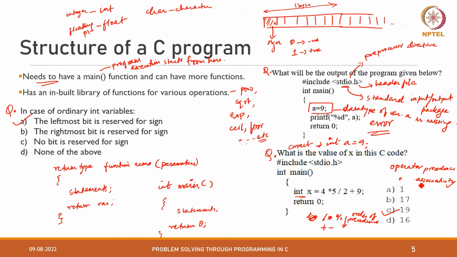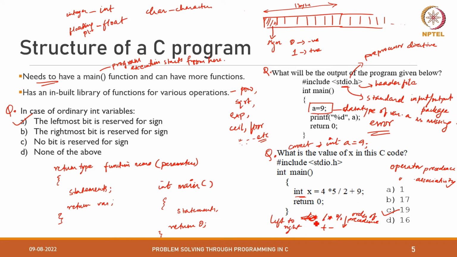Now what is operator associativity? When we have multiple operators of the same precedence, here the multiplication as well as the division operation, we use operator associativity. For this particular set of operators, we have associativity from left to right. What does that mean?